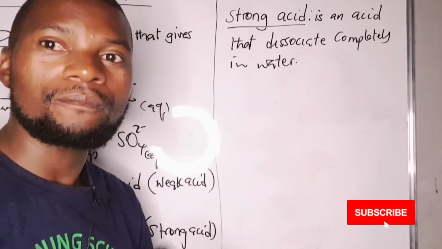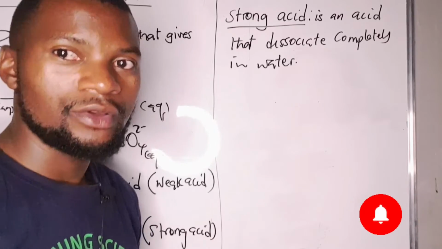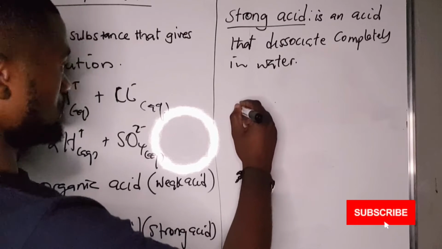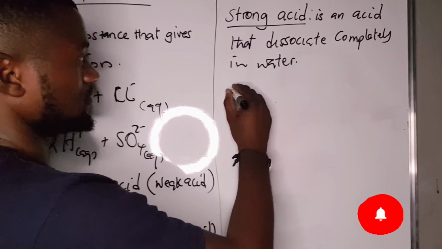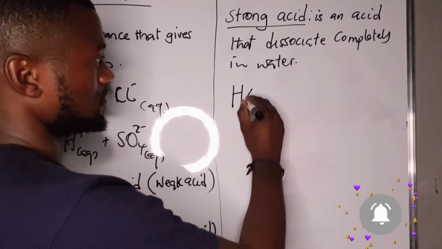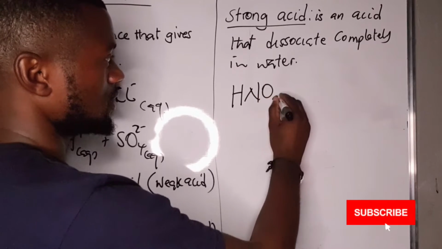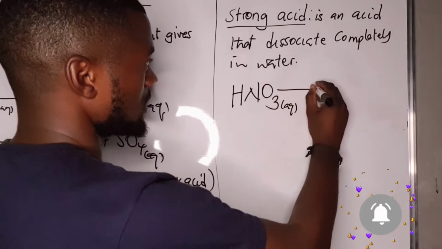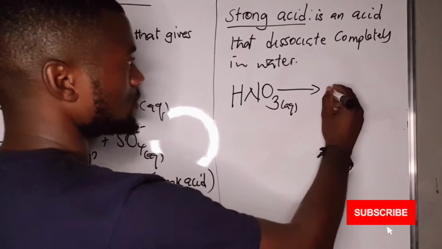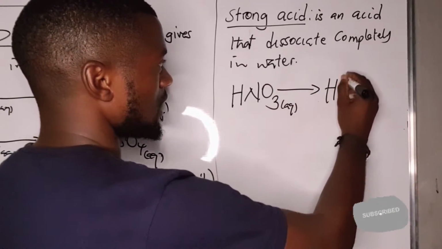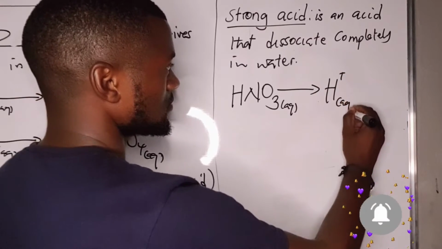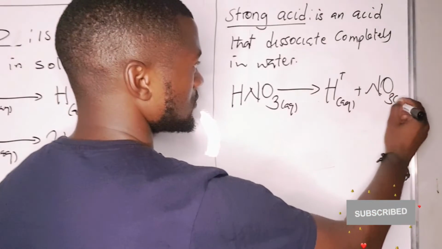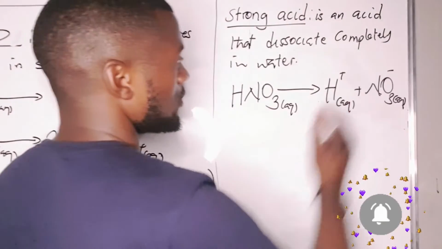For example, nitric acid: when nitric acid is dissolved in water, we are going to have the hydrogen ions and the nitrate ions.